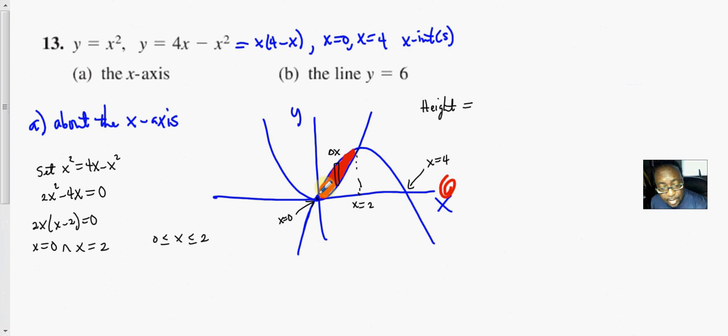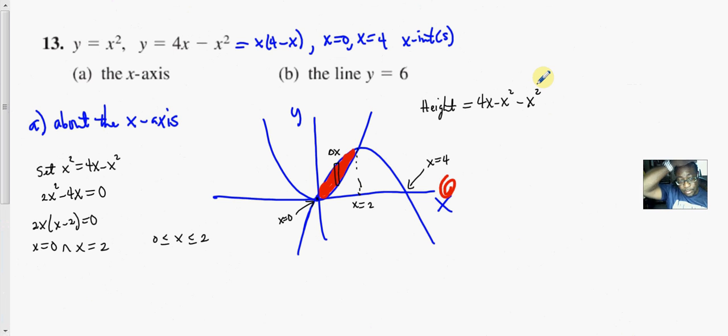So here the height is, this function above is that parabola that's curving downward, so that's 4x minus x squared, and that's minus the equation that's below, x squared.